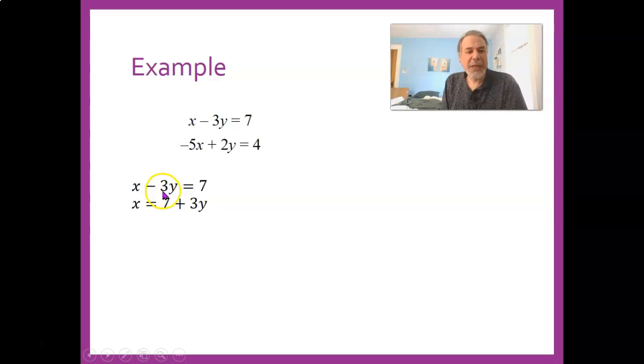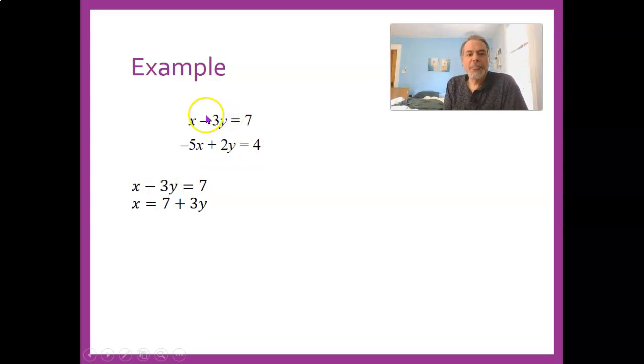It would also be okay to solve for y, like leave the negative 3y here and subtract x, and then go from negative 3y to y by dividing both sides by negative 3. When you do that, you're going to get some fractions in your equation, which is not wrong. You can work with fractions. It just makes things more complicated to deal with.